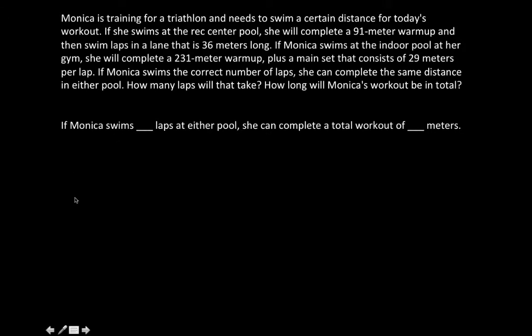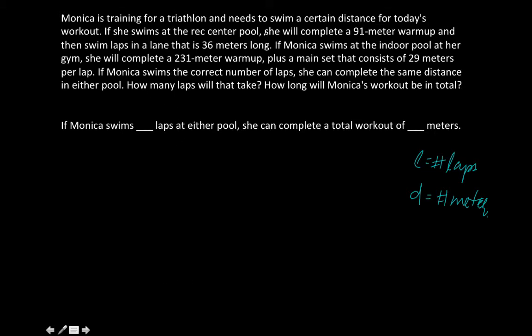Okay, Monica is training for a triathlon. She's got blank laps and blank meters. So we'll say L is the number of laps and D we'll say is the number of meters, and that's just D for distance.